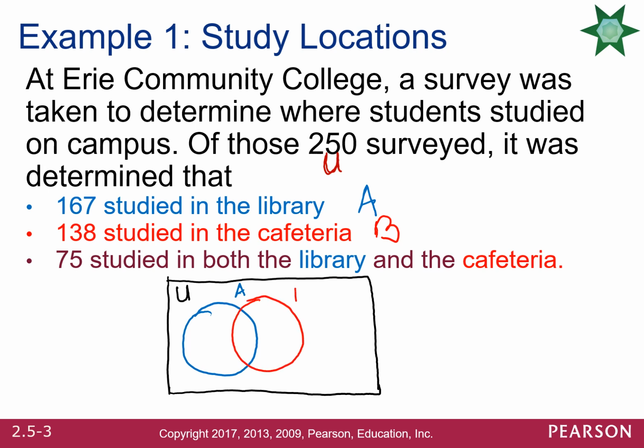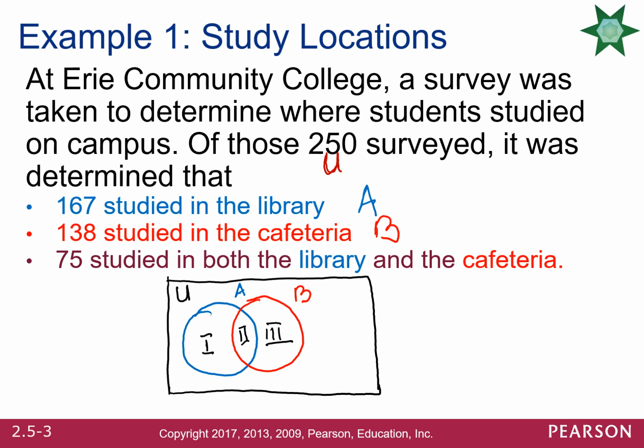That's our B. Therefore, here we have an overlapping region. I'm going to name the different regions: region 1, region 2, and region 3.